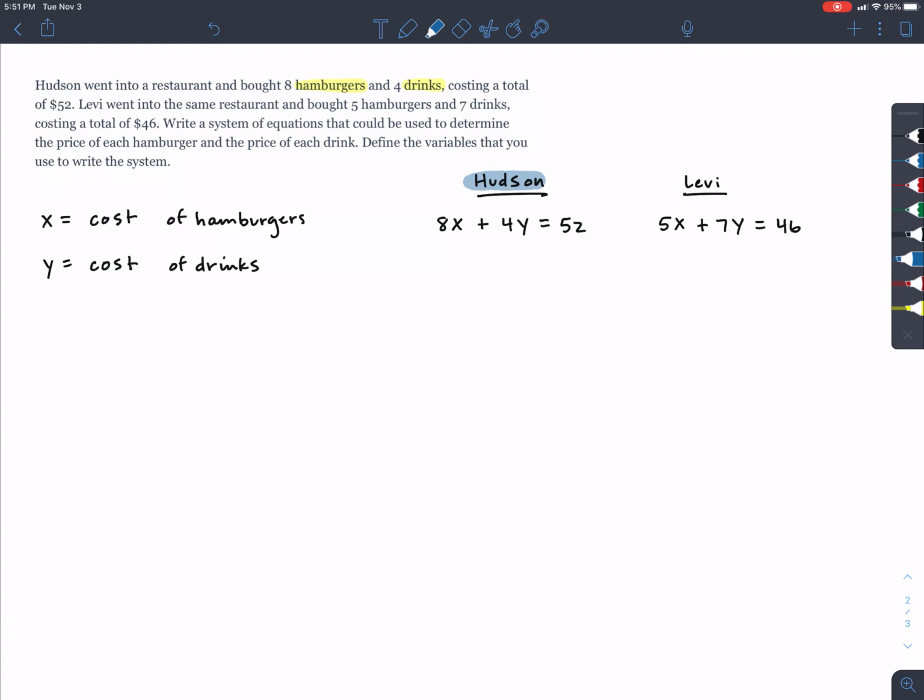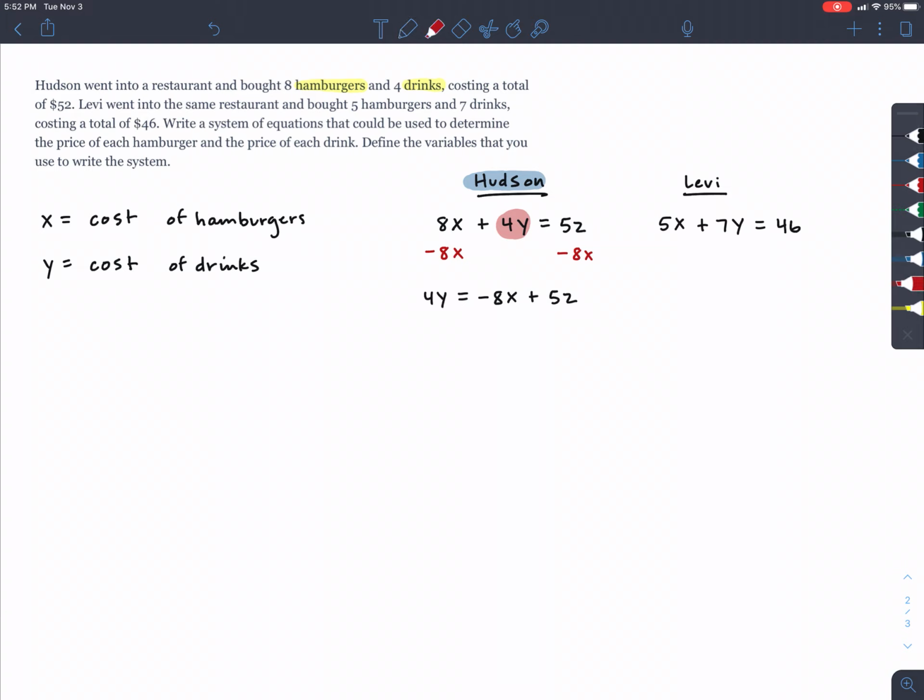And in this case, I'm going to isolate 4y. So by isolating 4y, that means I'm going to subtract 8x from both sides. And I'm left with 4y is equal to negative 8x plus 52.